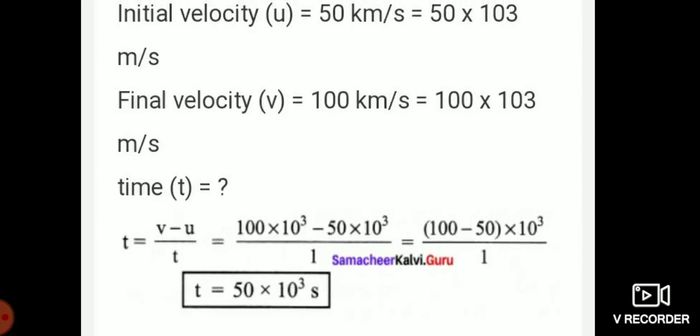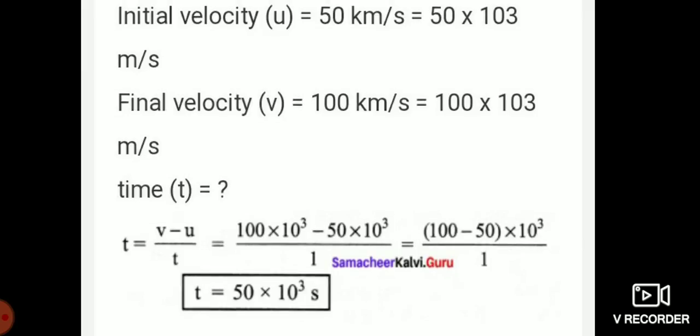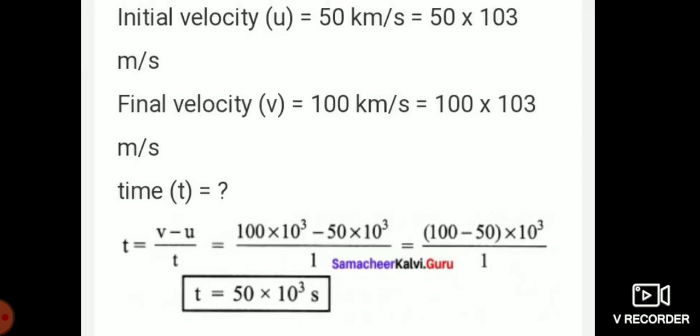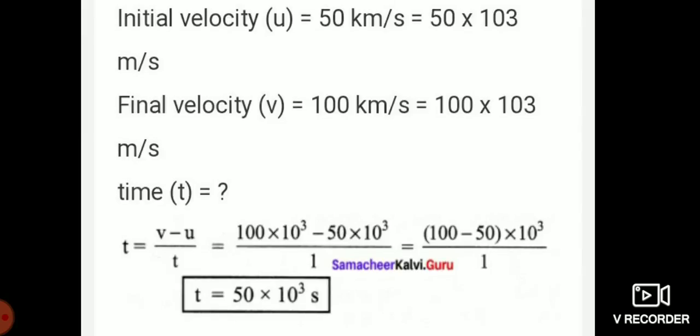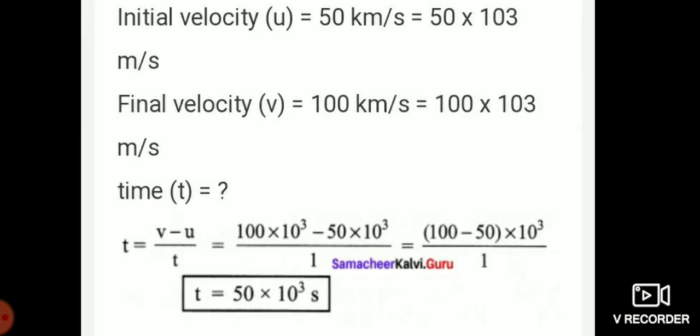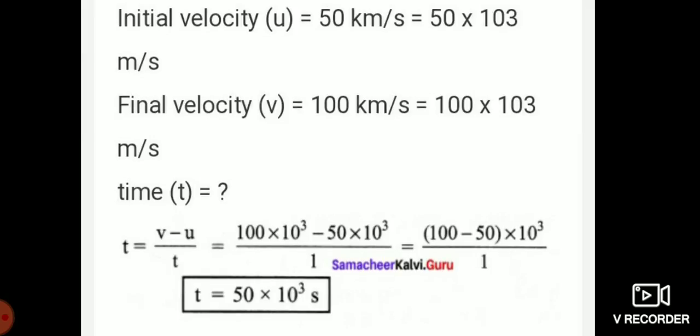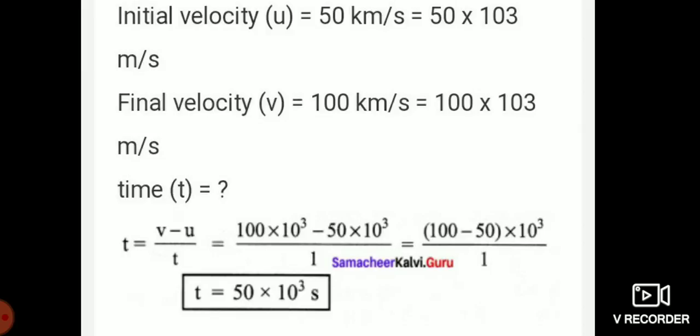We take 10 power 3 common outside, so 100 minus 50 within the bracket, into 10 power 3 by 1. 100 minus 50 is equal to 50. So time is 50 into 10 power 3 seconds.